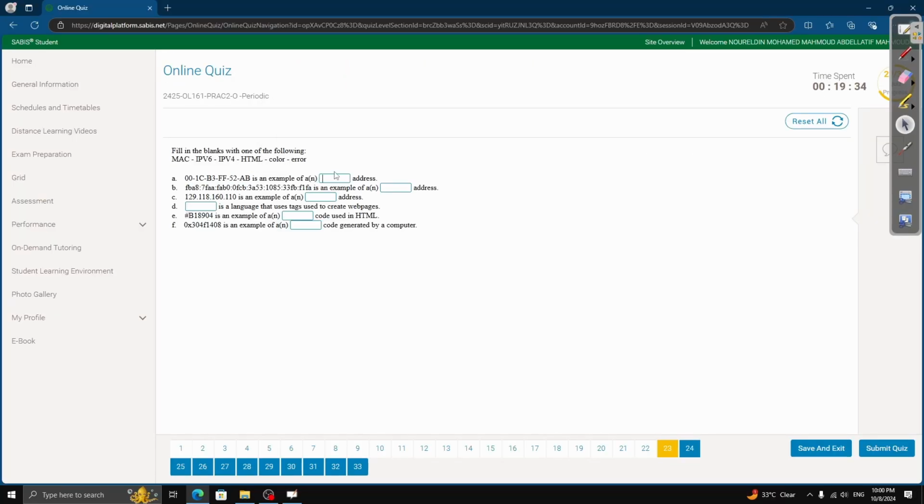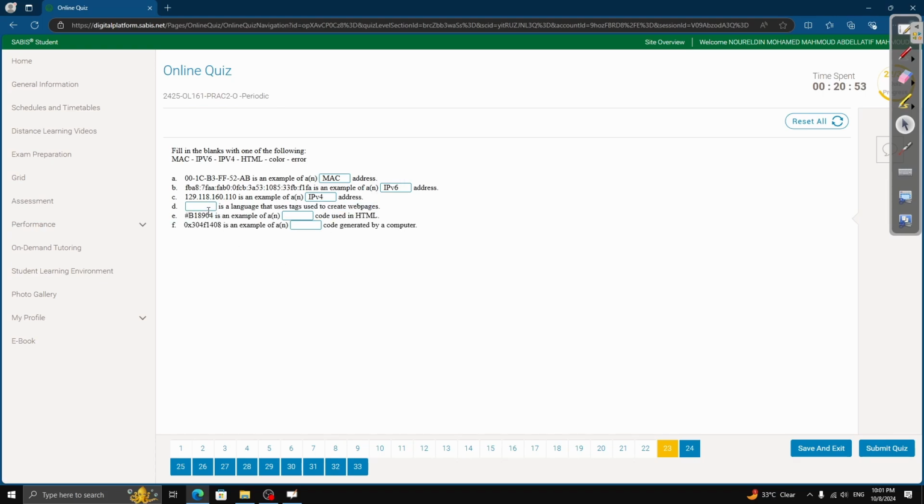This is an example of a MAC address. You can tell this is a MAC address because it consists of 12 hexadecimal digits. This, which I'm not going to read all of, is an example of an IPv6 address. This is an example of an IPv4. Something is a language that uses tags to create web pages.